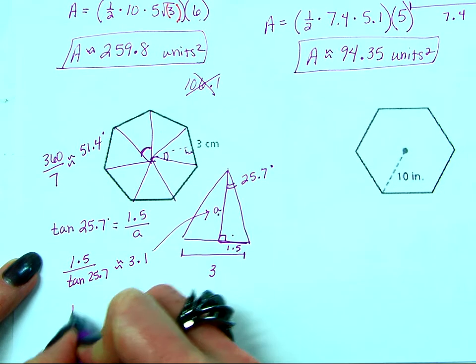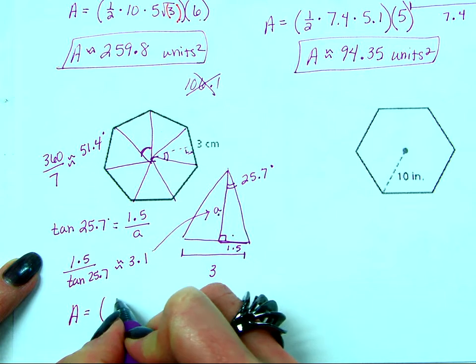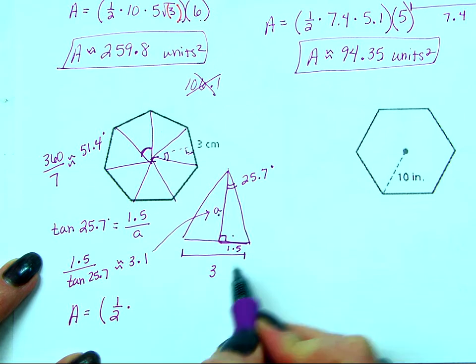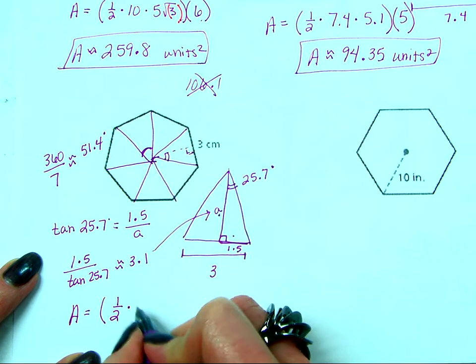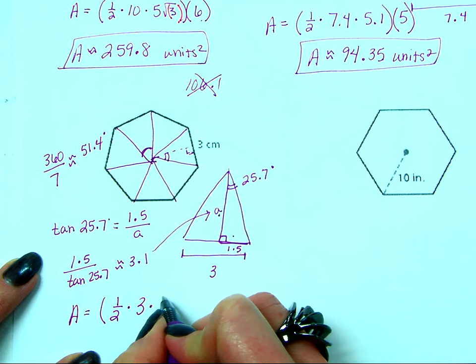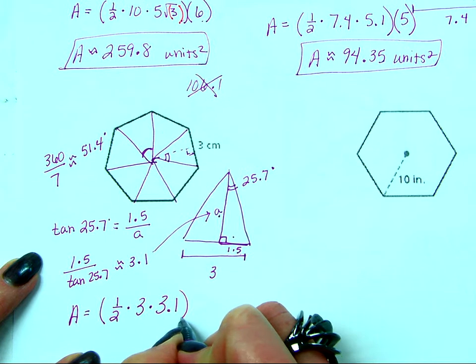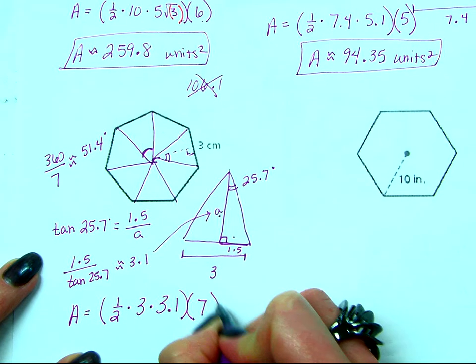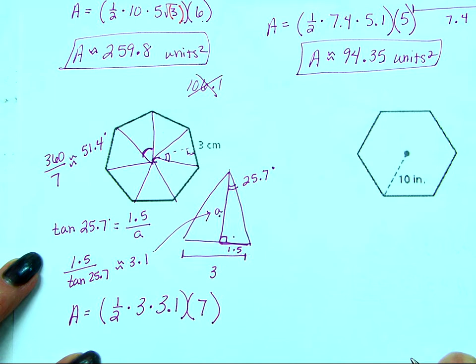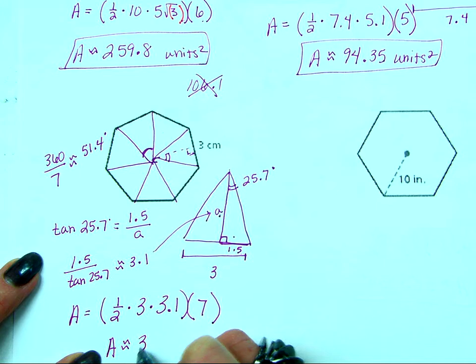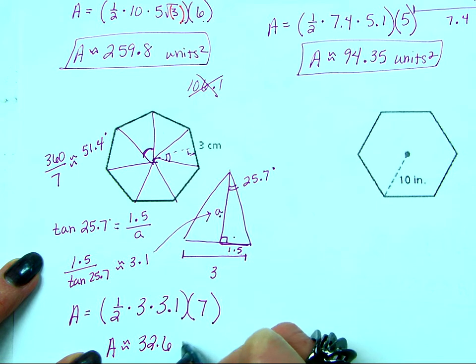So if I go to calculate my area, 1/2 the base. Now I need the whole base of my triangle, so I'm going to use 3. The height is 3.1, and this time we have 7 of those because we have a heptagon. Multiplying through, we would find we get about 32.6 square centimeters.